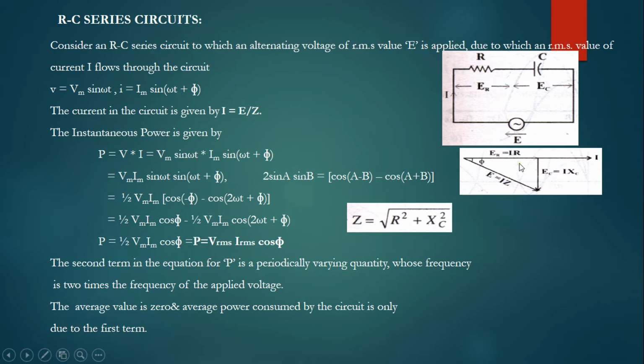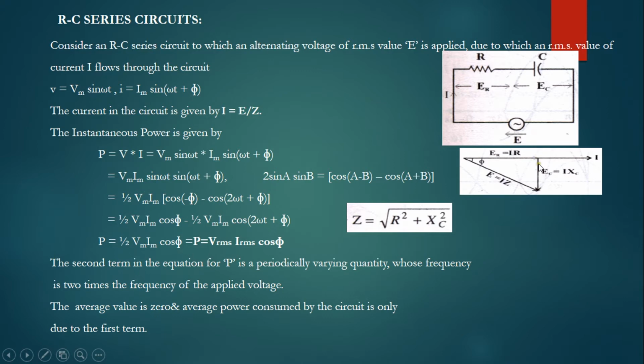So this is the power triangle, and this is the voltage triangle as before: I into R, and here this is the voltage drop across the capacitance. In the previous circuit you can see this triangle moved upward because the current lags.